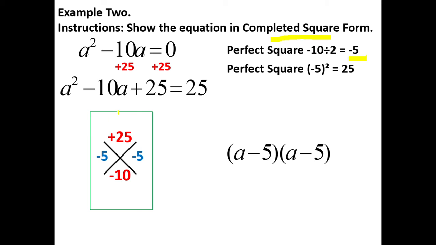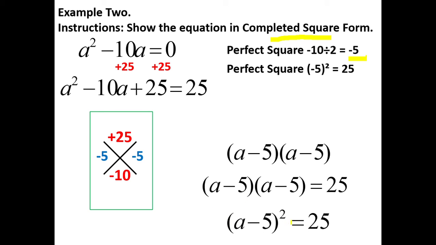So this is a perfect square, and the two factors equal 25. Another way to write this, because the two factors are exactly the same, is a minus 5 squared equals 25. Okay, so that's example 2.